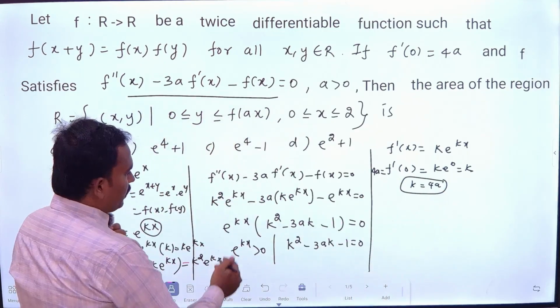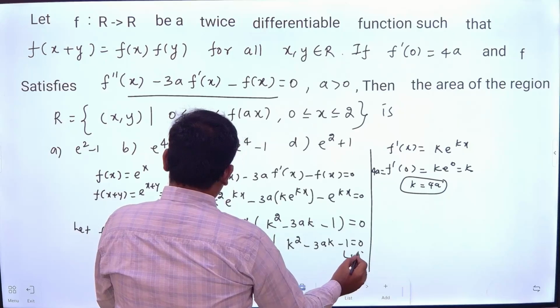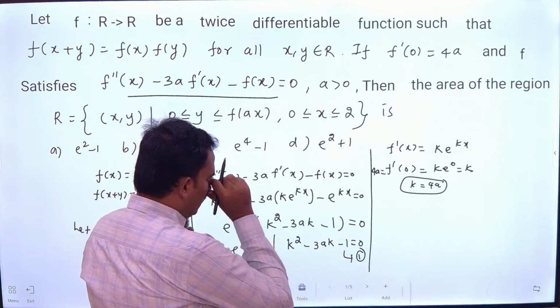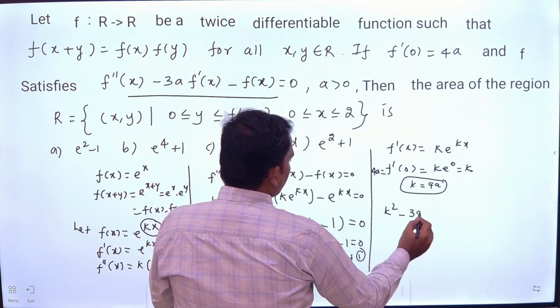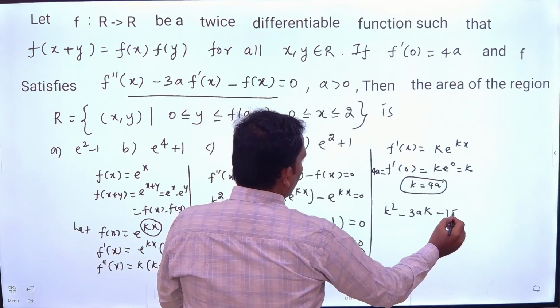Now you can substitute in this; let's take this as the first equation. Then find k. k square minus 3a times k minus 1 equal to 0.